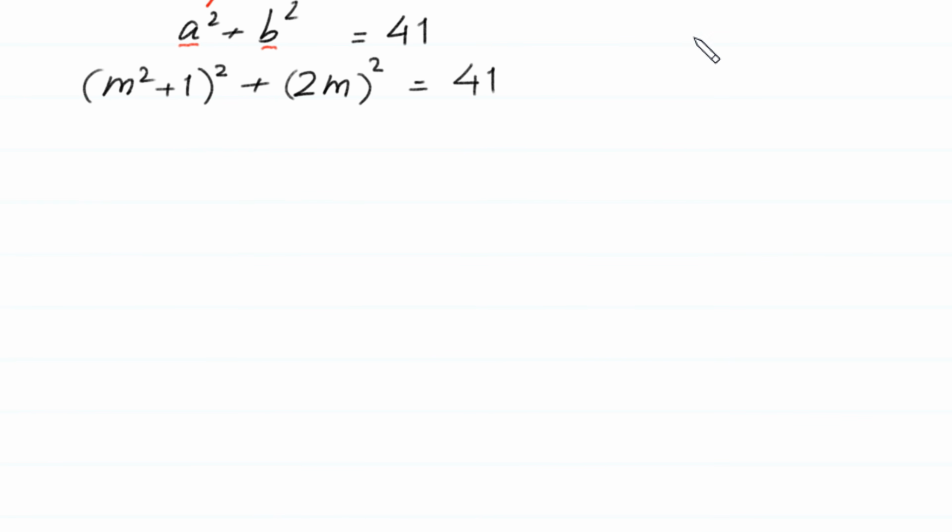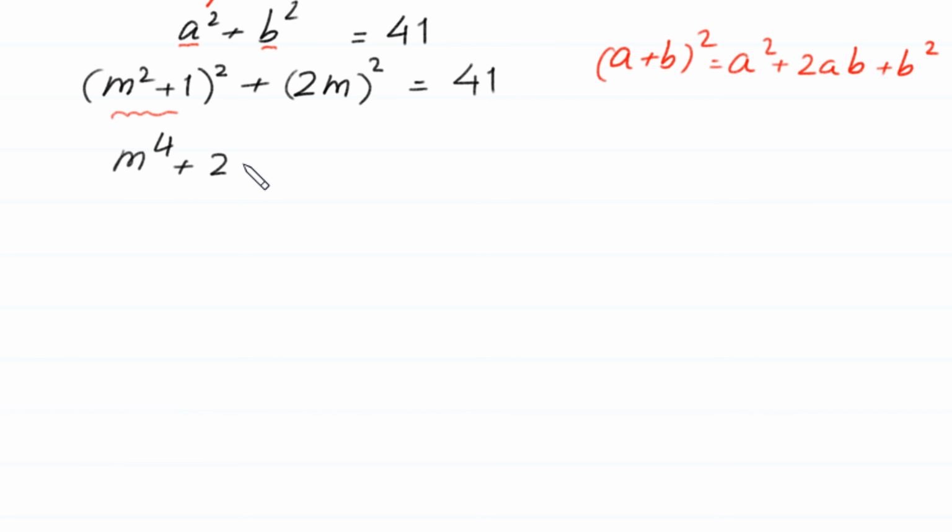Now according to the algebraic identity, (a plus b) whole squared is equal to a squared plus 2ab plus b squared. So (m squared plus 1) whole squared is equal to m to the power 4 plus 2m squared plus 1, and this 2m squared plus 4m squared is equal to 41.